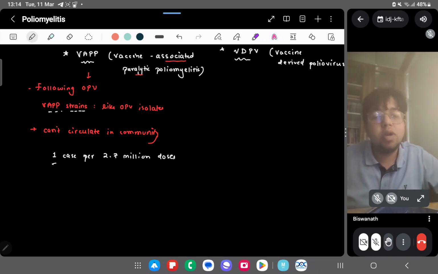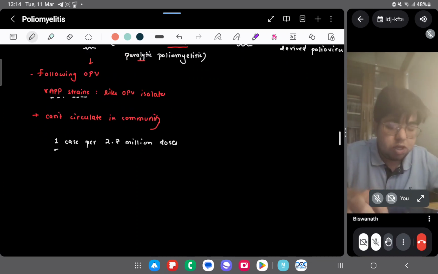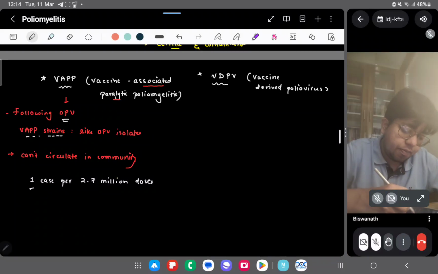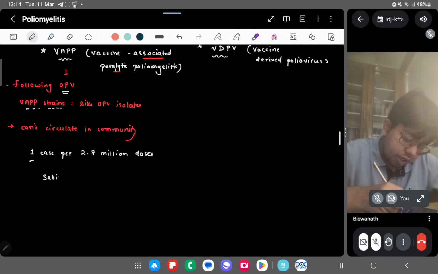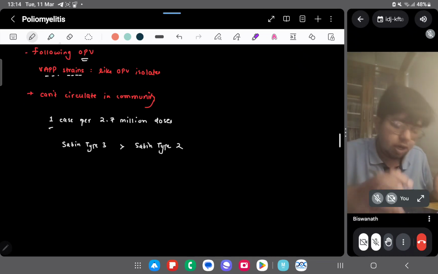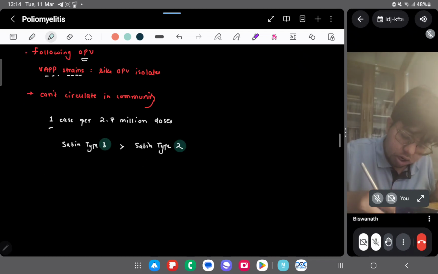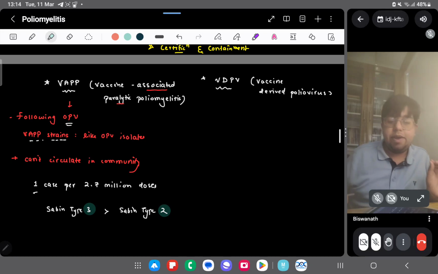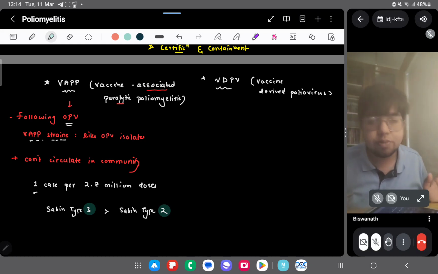Since it can't circulate, we don't have to worry much. This is due to your oral polio vaccine. It is most commonly due to Sabin type 3 as compared to Sabin type 2. Type 3 has more potential to cause VAPP as compared to type 2, right?